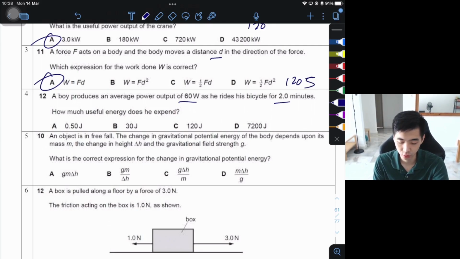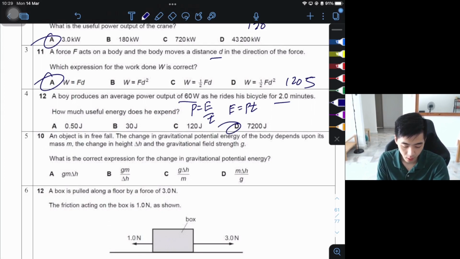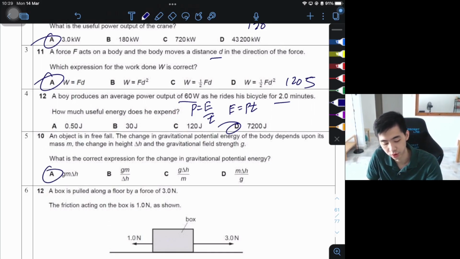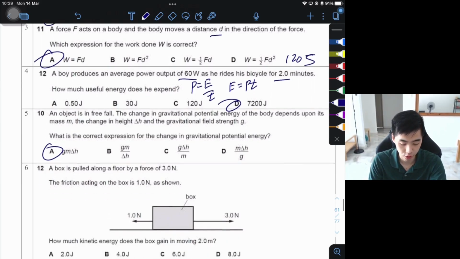So it's basically going to be power times time, since power is equal to energy over time, energy will be equal to power times time, which is 60 times 120 here, which is going to give you 7,200 joules here. What is the correct expression for gravitational potential energy? Yeah, this one is a no-brainer. Gravitational potential energy is just going to be mgh, regardless of however you want to change it.